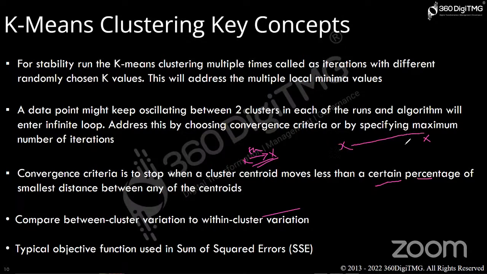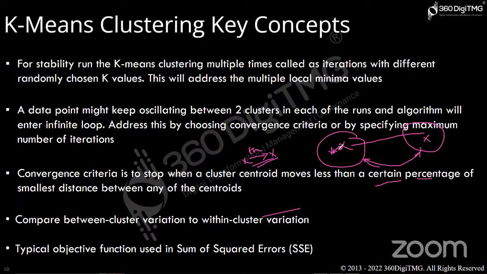If you have two centroids and my point is jumping from this cluster to this cluster, infinitely for each iteration, what we can do is set a threshold value for this centroid movement. Suppose this centroid moves from here to here.